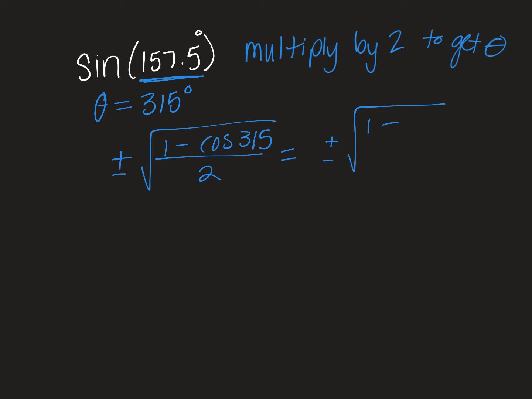No, sorry, negative square root of 2? Oh, wait, no, I was right. I was thinking positive. Cosine, I said cosine. It's cosine, so it's not negative. All right, the cosine of 315 is positive square root of 2 over 2.